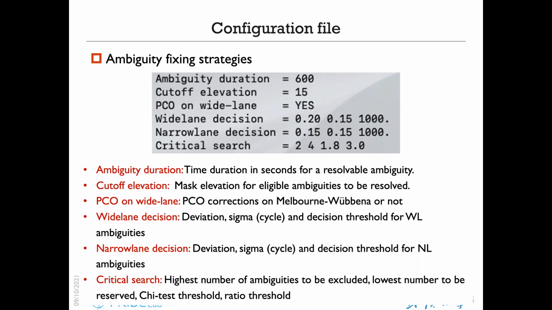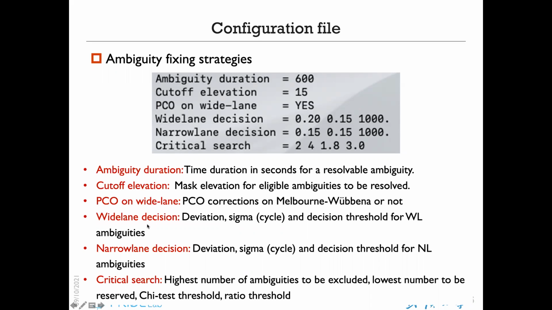If you are going to use Wuhan University products, then you don't need to pay any attention to this option. You just keep this option on, that is yes, to enable your PPP AR. But if you use some other ACs, you need to think about it. I will show you an example on this later.